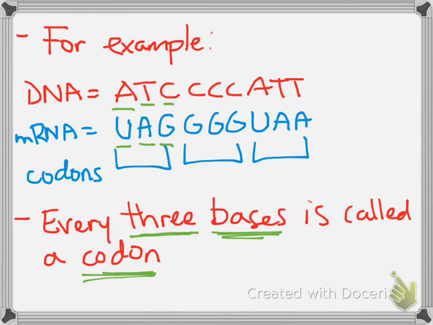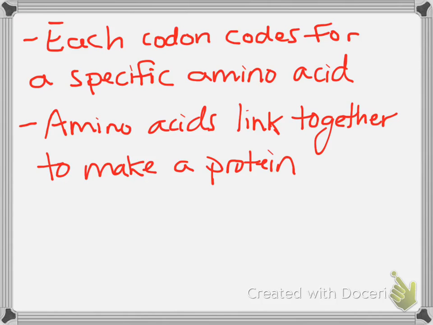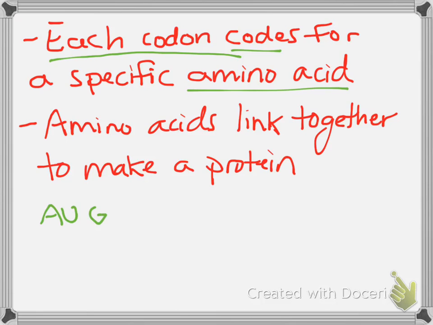So you see CCC gives us GGG, and that's a codon. So this would be 1 codon, this would be 2 codons, this would be 3 codons. Each codon codes for a specific amino acid, and then the amino acids link together to make a protein. So a group of 3 letters gives us an amino acid.